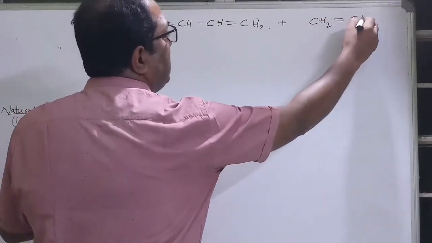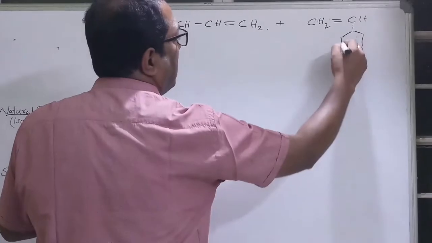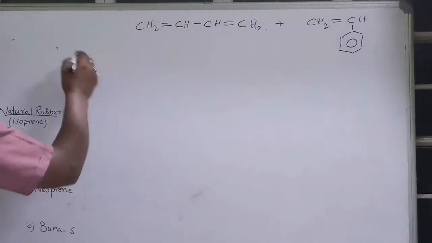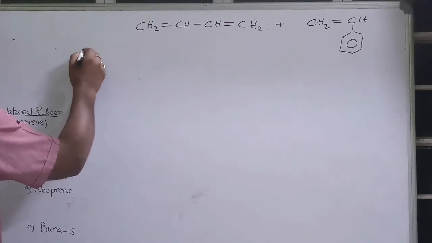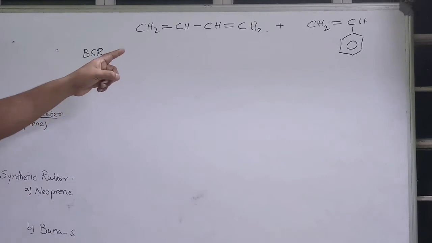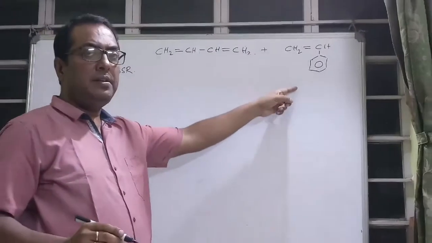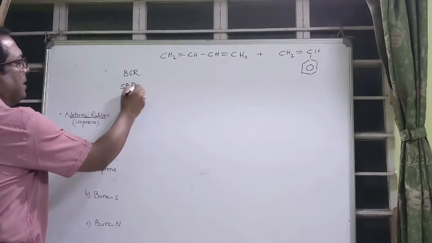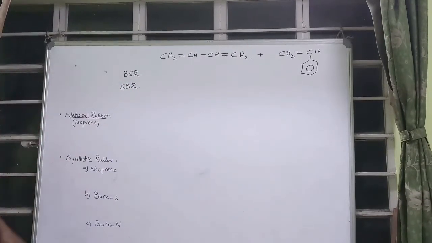CH2 double bond CH and benzene. So it is also called as BSR. Why? Butadiene styrene rubber, or you can also call it SBR. That means styrene butadiene rubber.